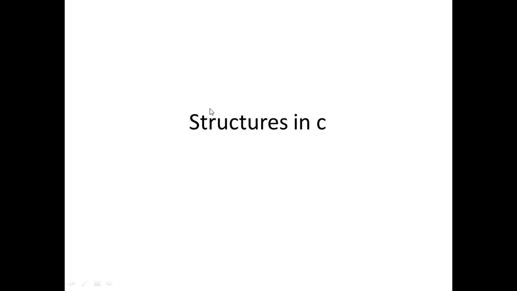So if we want to store different data types, we would use different variables. Instead of using different variables, we are going to derive a new data type with the help of the primary data types only.